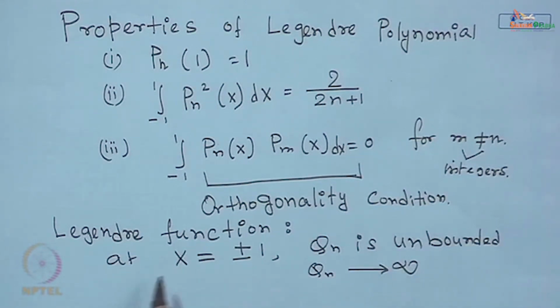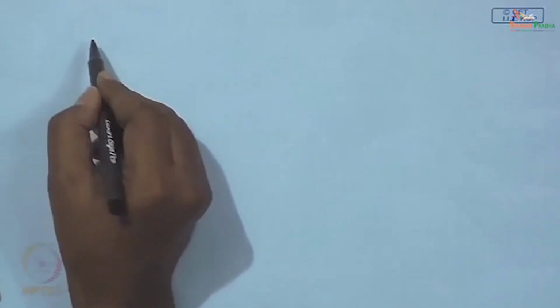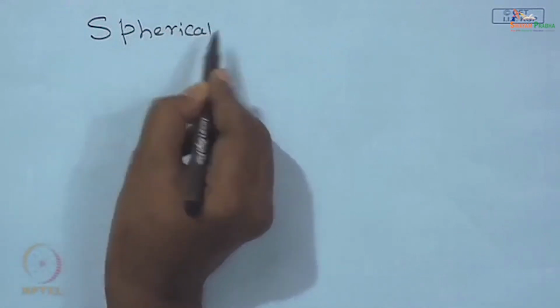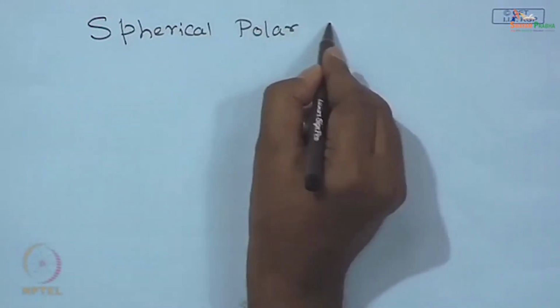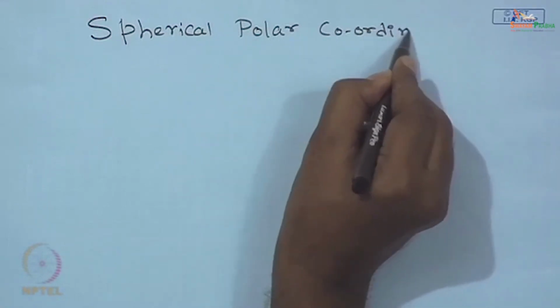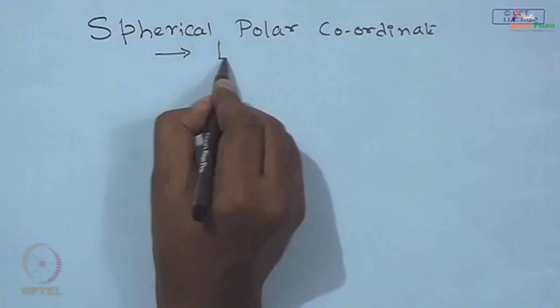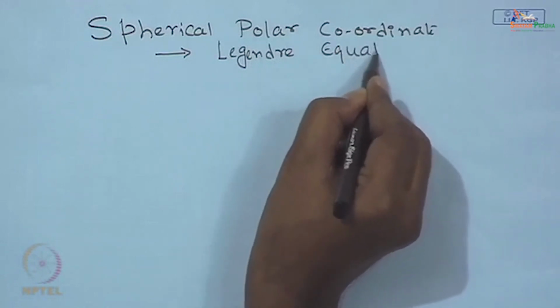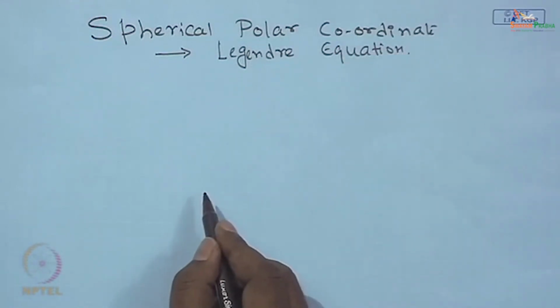Now, typically we will be dealing with the Legendre functions, Legendre polynomial and Legendre equation whenever we are working in spherical polar coordinates. We will be landing with the Legendre equation.